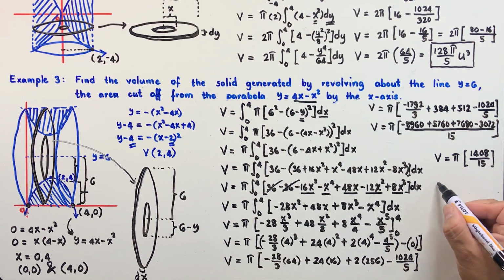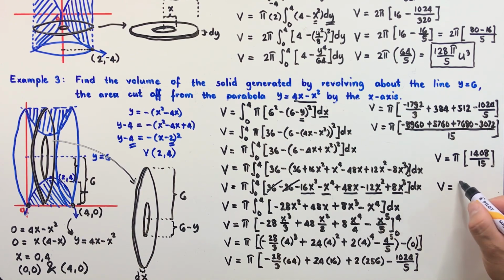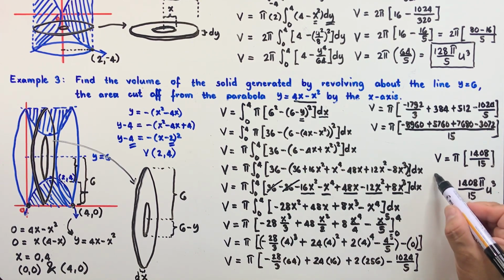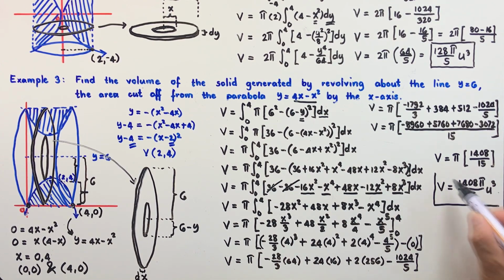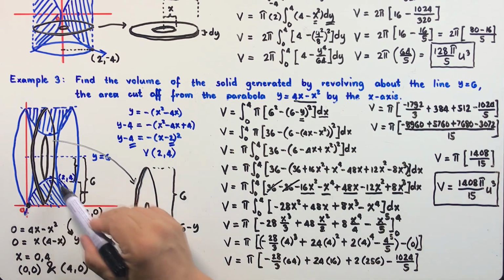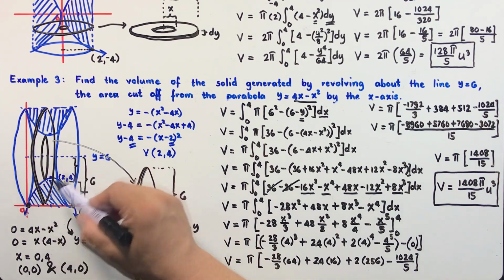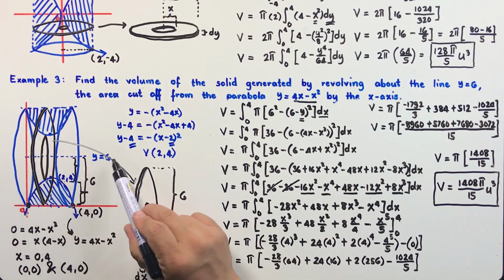So therefore, our volume is equal to 1,408 pi over 15 cubic units. And this is the volume of the solid of revolution when this area is rotated about the line y equals 6.